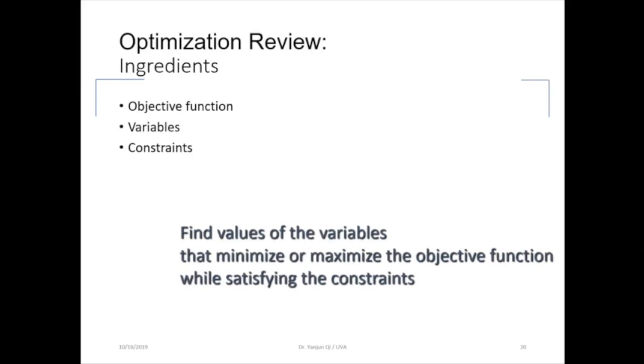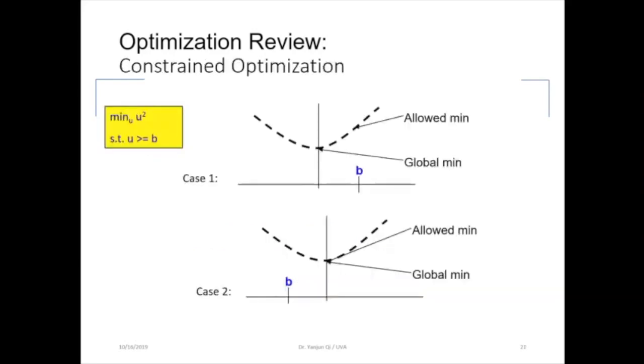So the optimization review is, normally when you think about optimization, you need to consider what is the objective function, what are the variables I'm looking for to optimize the objective function, and at the same time, what are the constraints I have to satisfy. So we want to find the values of those variables that minimize or optimize the objective function while at the same time satisfying the constraints. This is a really simple case to show you what I mean by constraint optimization.